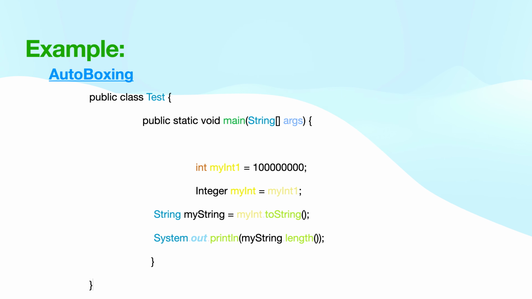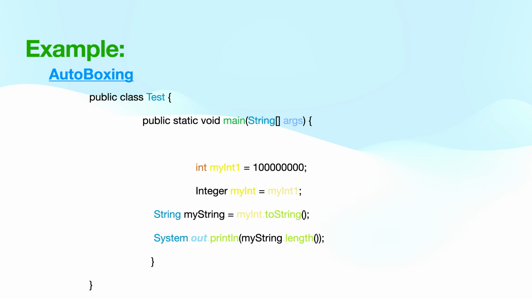For example, autoboxing. Here the integer is around ones, tens, hundreds, thousands, 10,000, 100,000, million, 10 million, 100 million. I've given integer myInt1 the value of 100 million. Then I've created another Integer wrapper class called myInt, and on myInt I've put the value of myInt1.